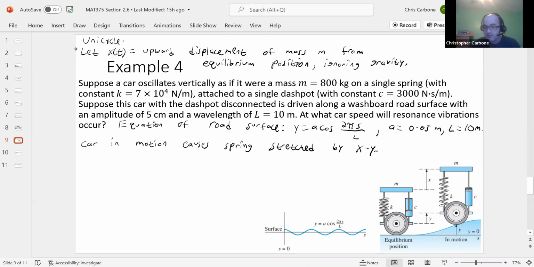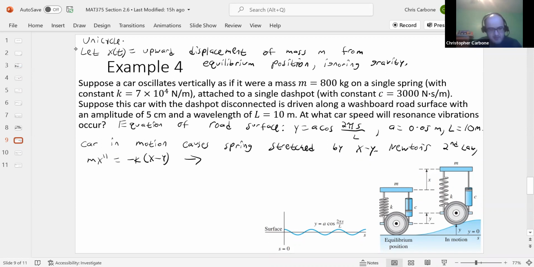From Newton's second law of motion, we can write that mx double prime is equal to negative k times x minus y.